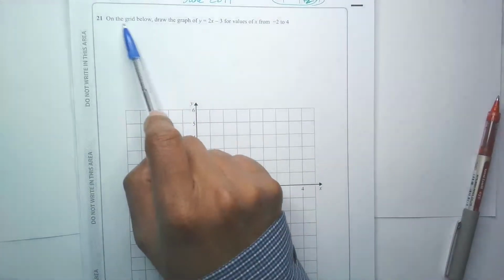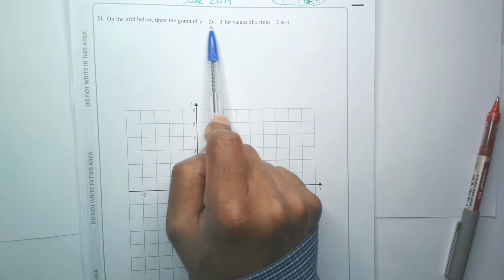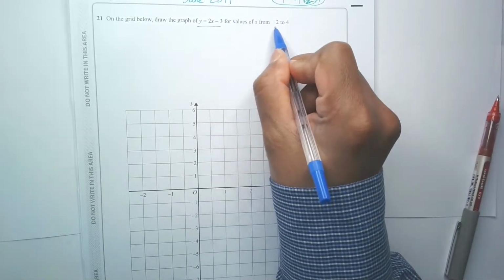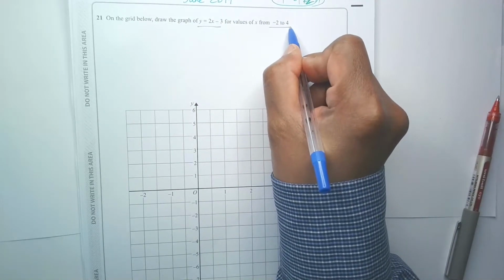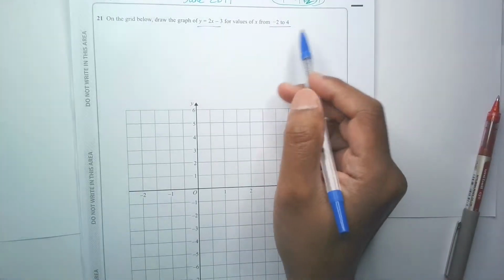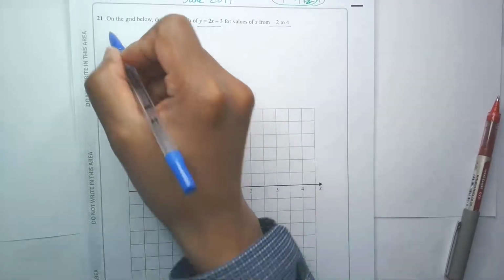So what I can see here is on the grid below, draw the graph of y equals 2x take away 3 for values of x from -2 to 4. So I'm going to be drawing a table.